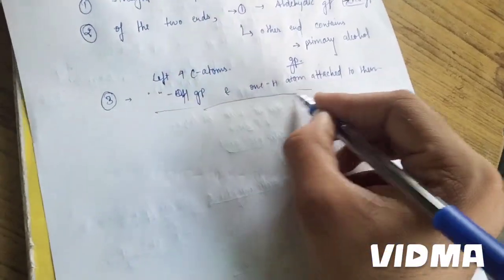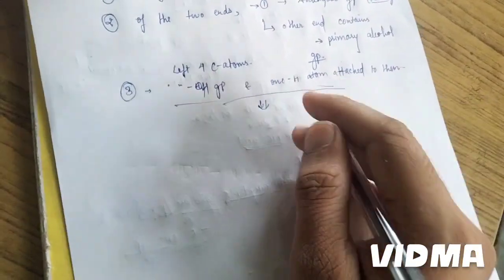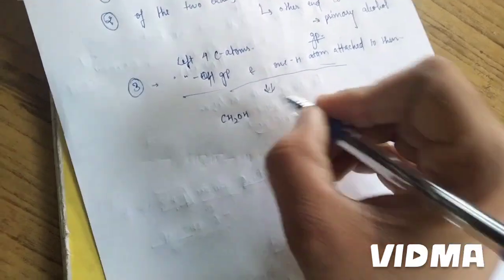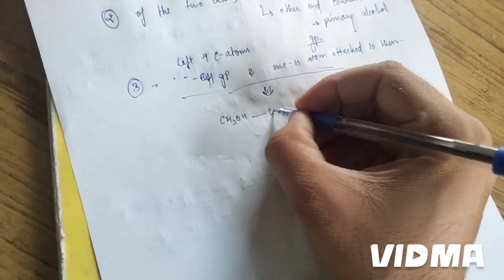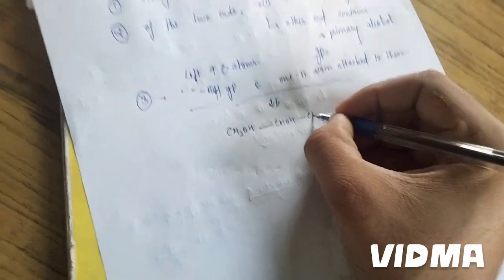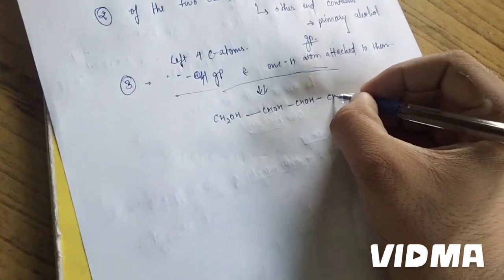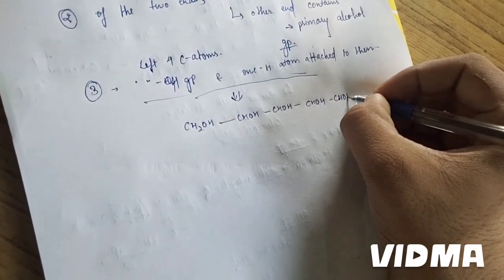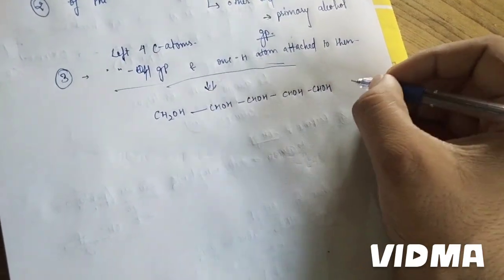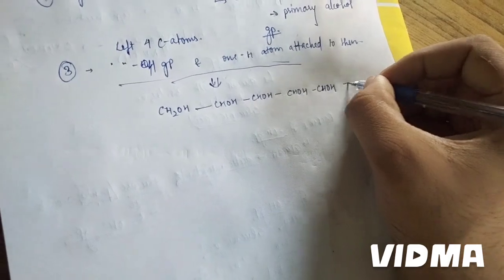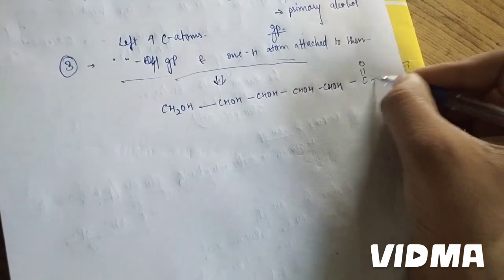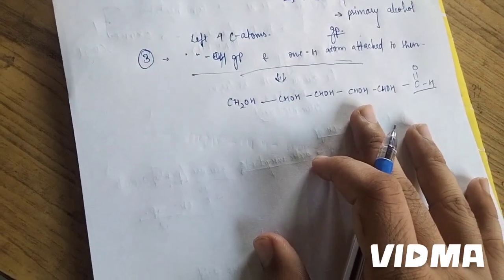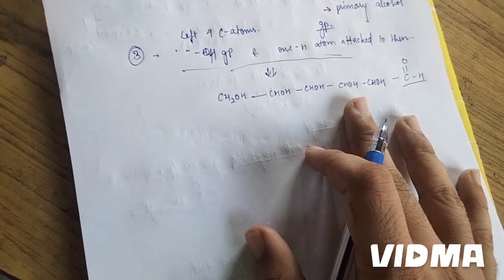Thus with these points we can give a simple structure of glucose, that is CH2OH as a primary alcohol at one end, CHOH, CHOH, CHOH, CHOH, the 4 carbon atoms with hydroxyl group and one hydrogen atom, and at one end the aldehyde group. So this basic structure we can conclude from the above points.